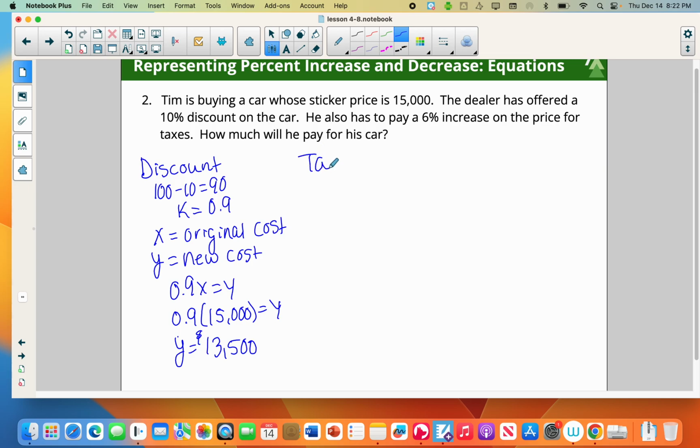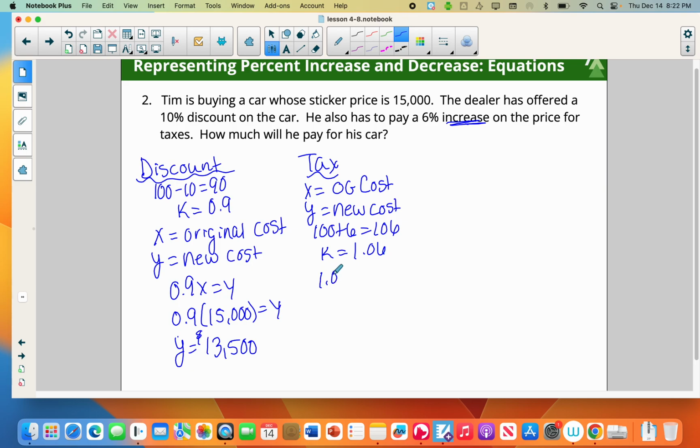But then we have to pay tax to the government. So I'm still going to let X be the original cost and Y be the new cost. But now tax is an added increase. It even says increase. So 100 plus 6 is 106. So that means my K value is 1.06.